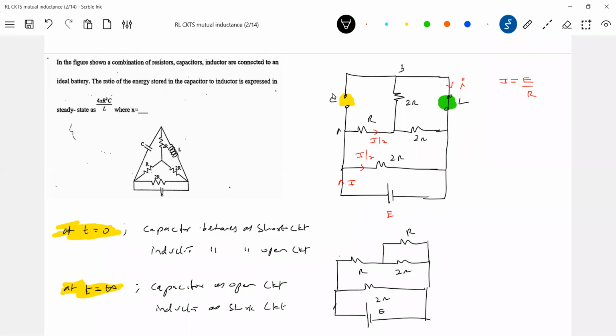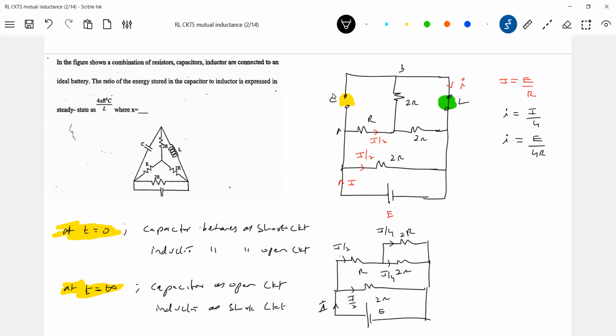Definitely there's a current I. This current I should branch out equally, and after this the current will further branch out, I by 4. So how much is the current, small i, looking at this? It should be equal to I by 4. So this will be E by 4R.